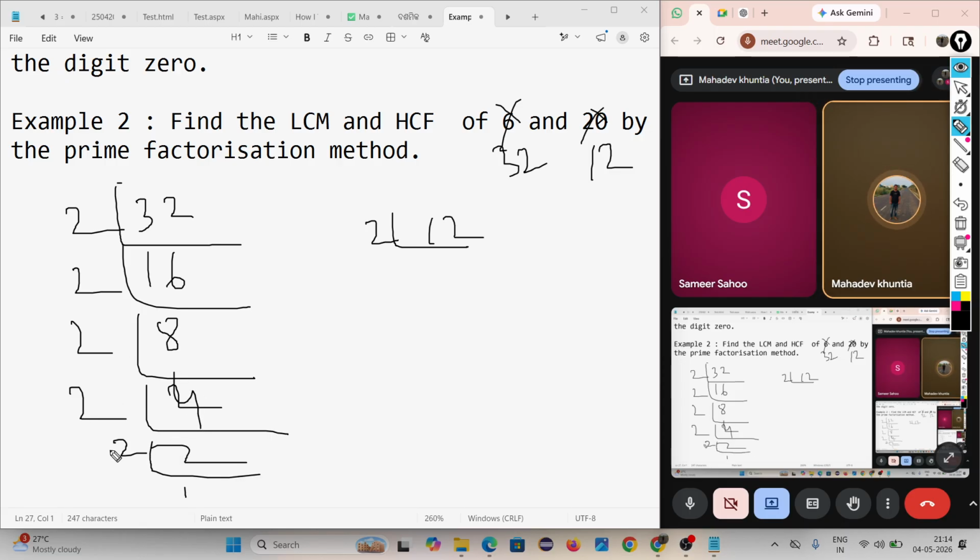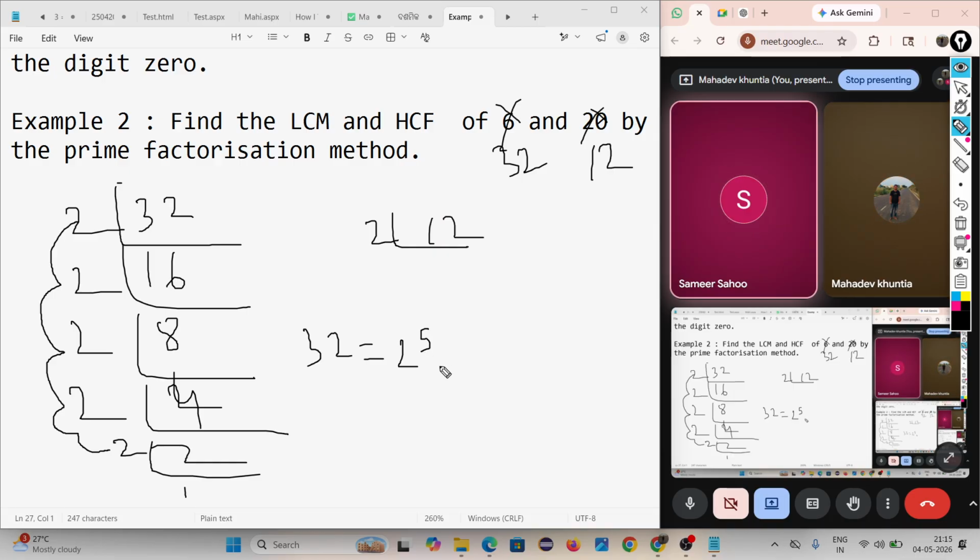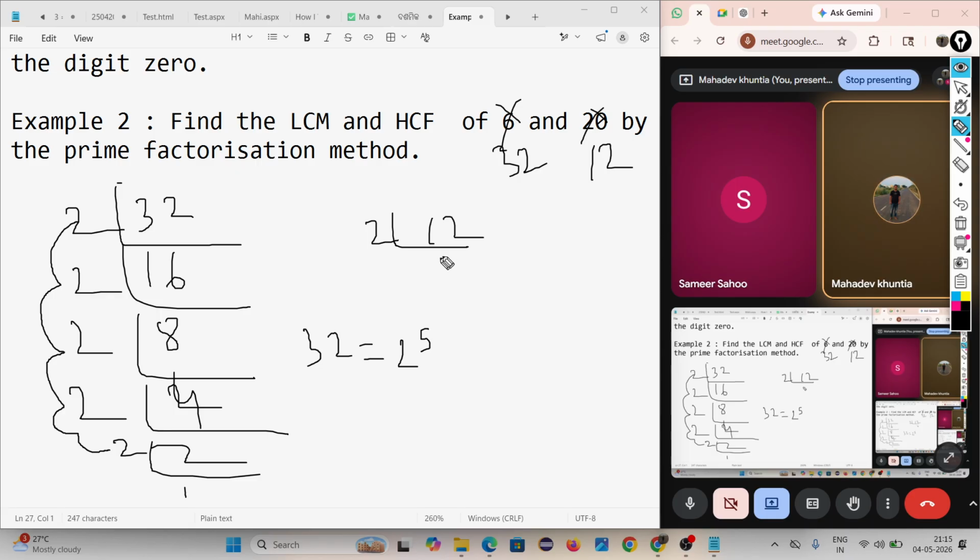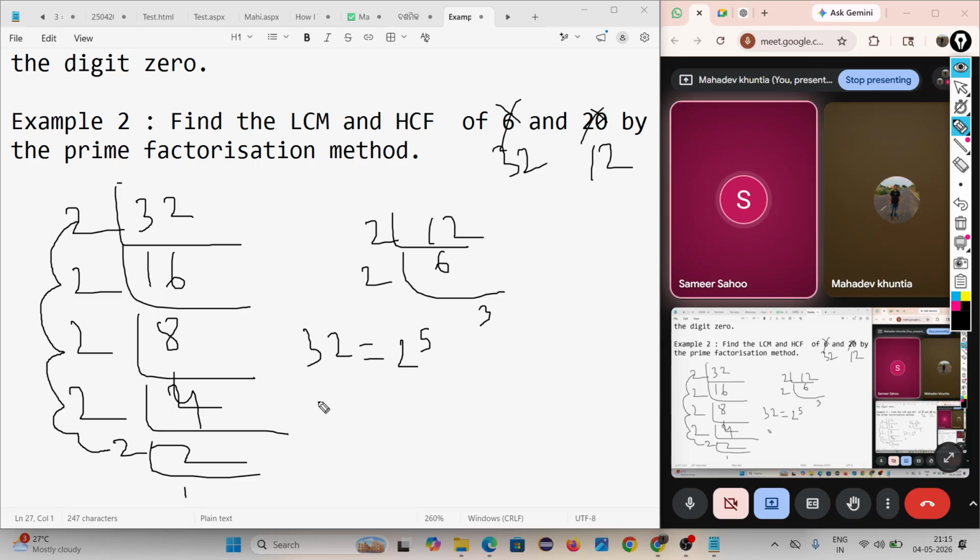How many 2s are there? 2 into 2 is 4, 4 into 2 is 8, 8 into 2 is 16, 16 into 2 is 32. Okay, I can write 32 as 2 raised to the power 5. Then 12, 6, again 2, 3. 12 is 2 raised to the power 2 into 3.